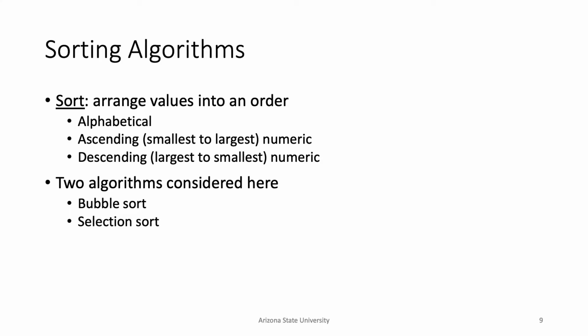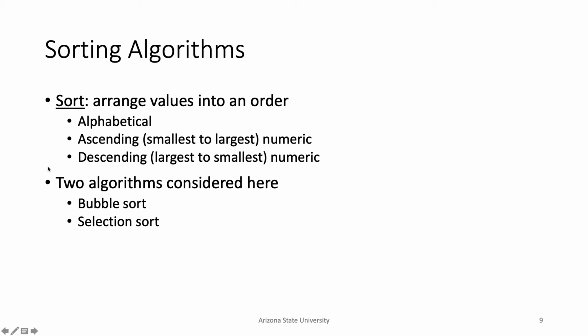You could sort alphabetically, ascending numerically, or descending numerically. You can sort by the length first and then alphabetical after that, which is called lexicographic sorting. You can sort by a particular field of an object, so maybe sort by ID and ignore everything else. So you have to know ahead of time what type of sort you want.